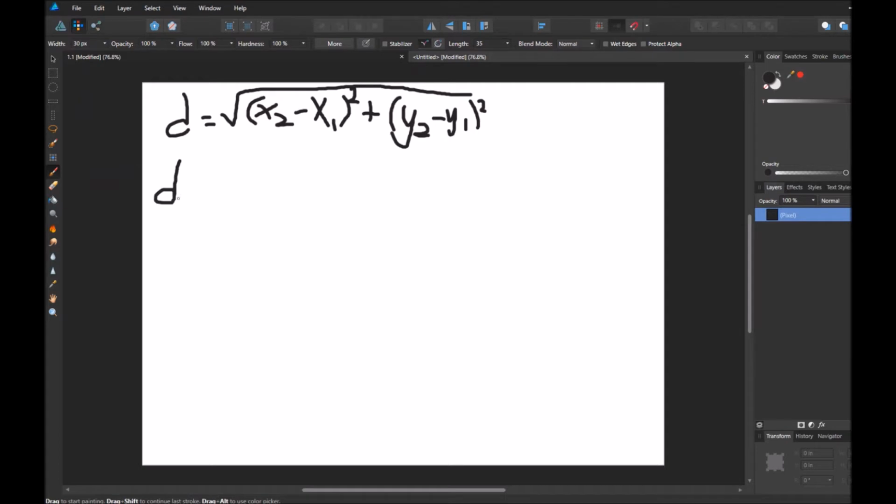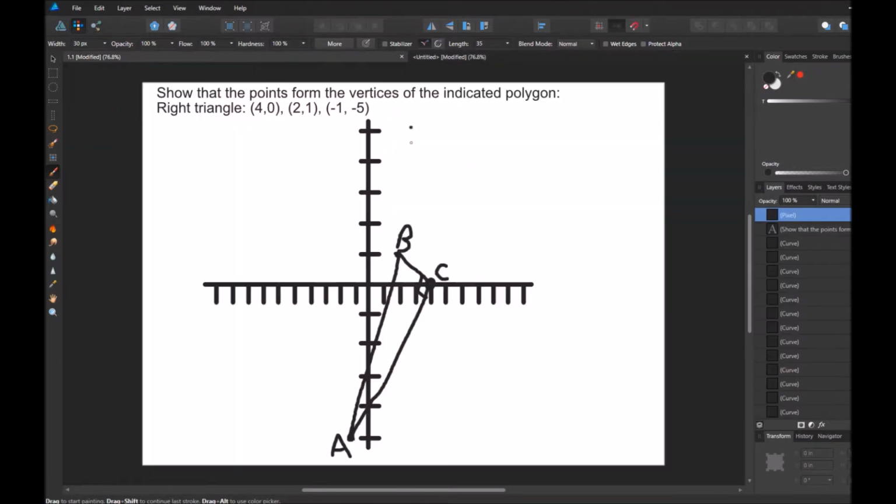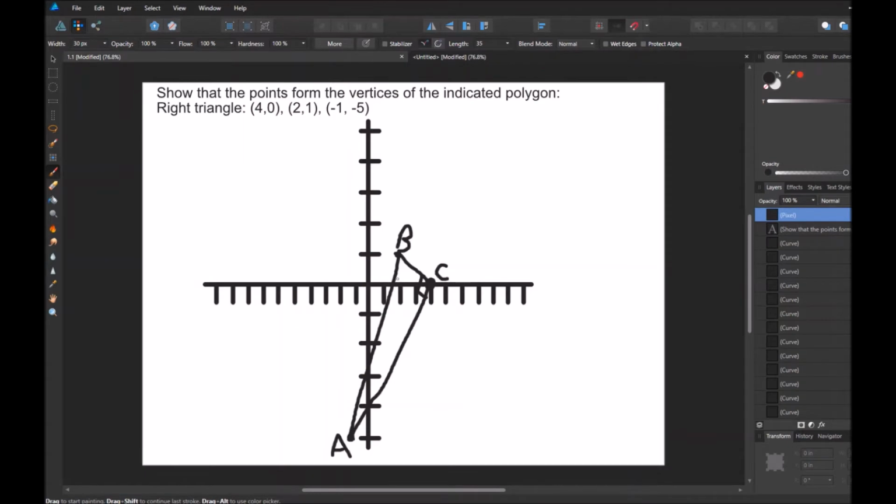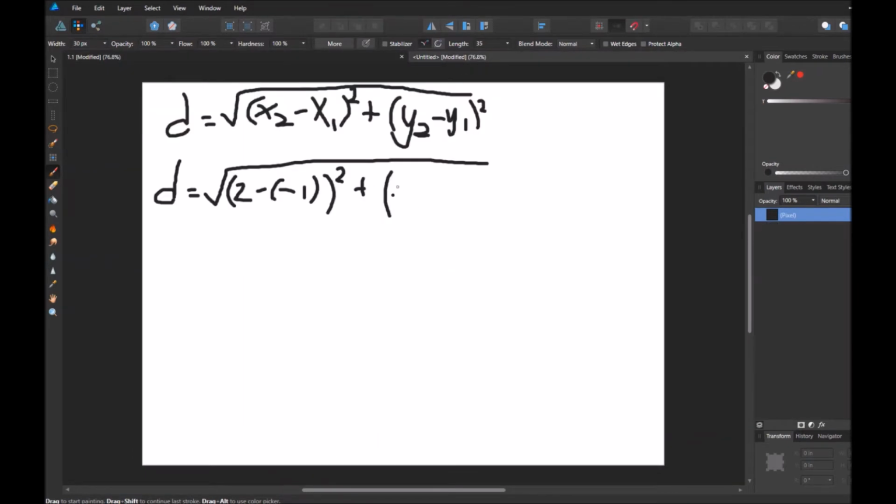So distance equals the square root of x2, which we said was 2, minus x1, which is -1, and then all that squared, plus our y2 is going to be 1 for 2, 1, minus a -5, and all that is being squared.